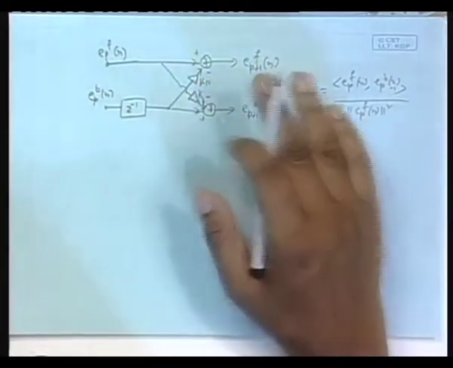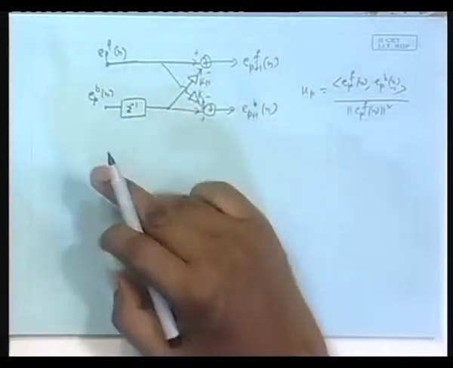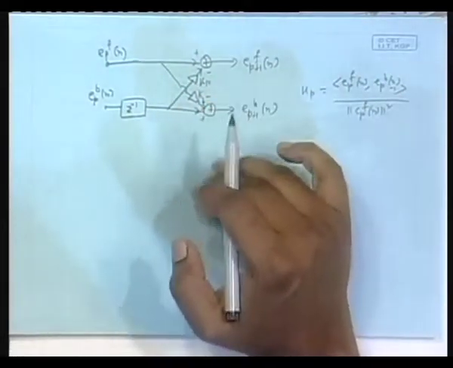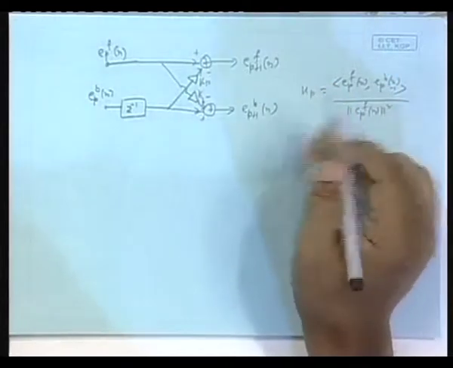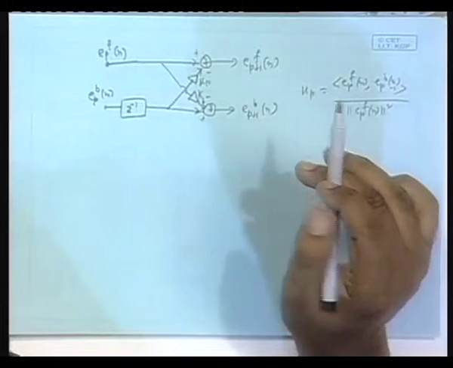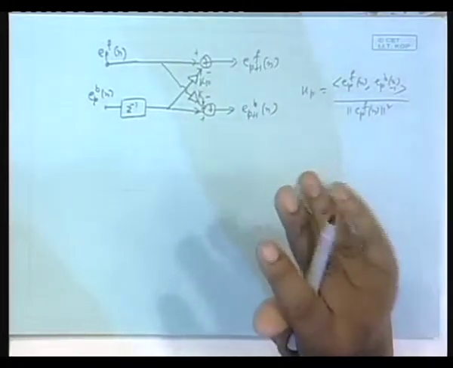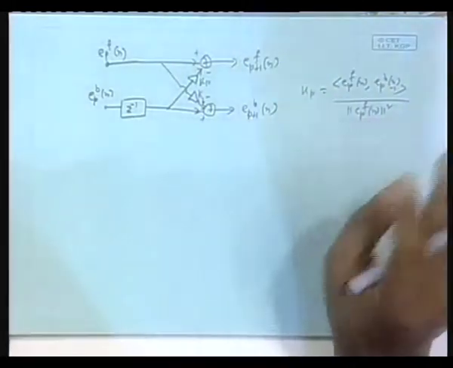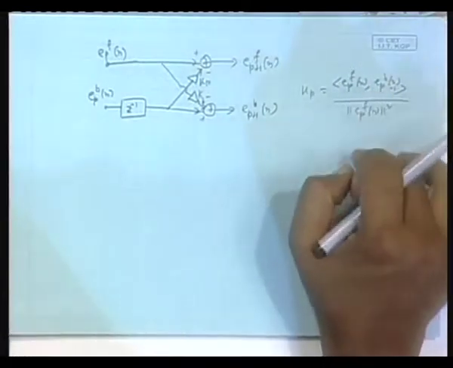So that if the input statistics changes afterwards, it will again track and readjust itself to the new set of Kp values, that is adaptive. So, I want to make it now adaptive. When the input is stationary and the correlation is known, you can calculate this.